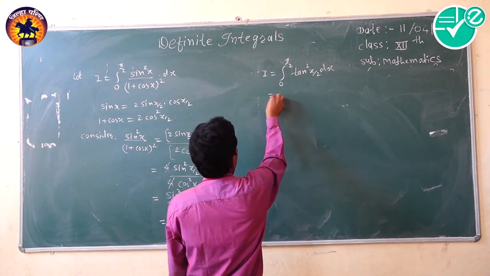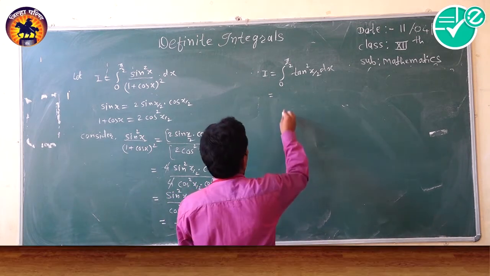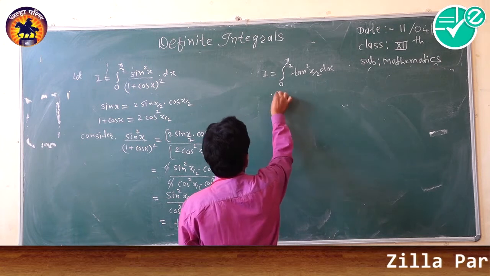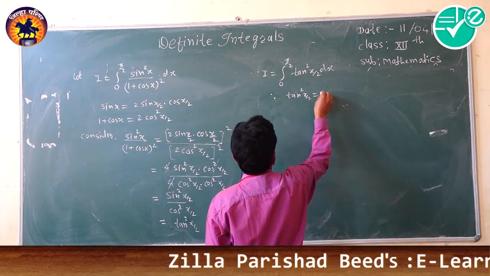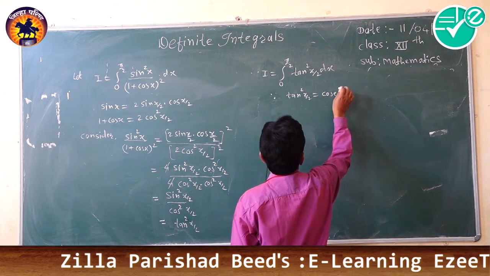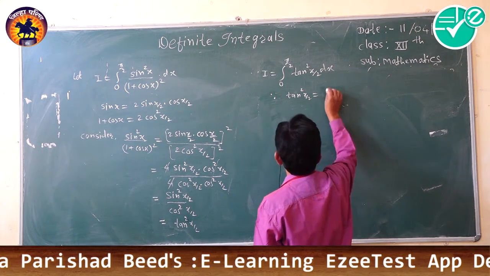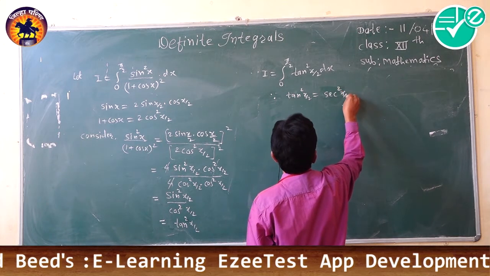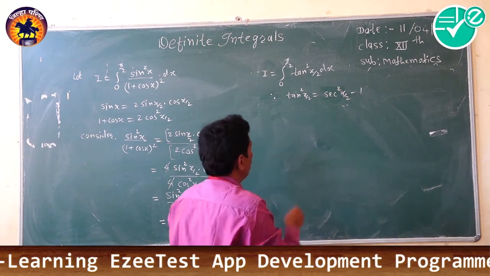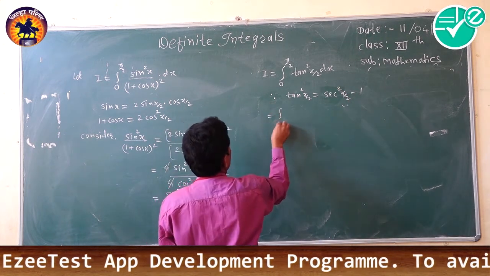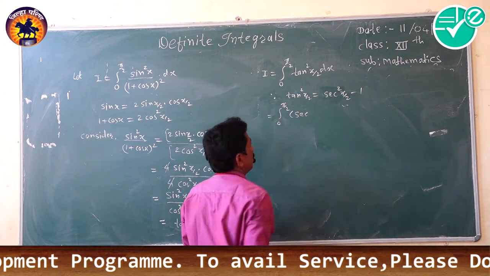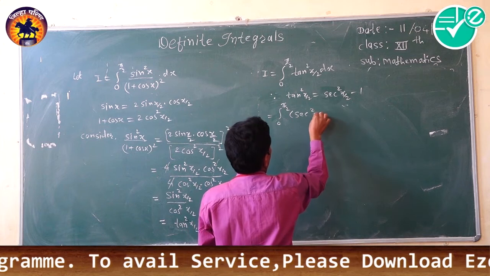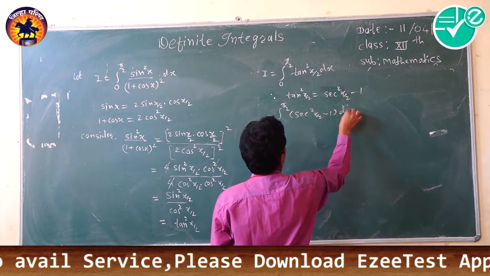This is equal to, now since tan square x by 2 is equal to sec square x by 2 minus 1, substituting this value, 0 to pi by 2 of (sec square x by 2 minus 1) dx.